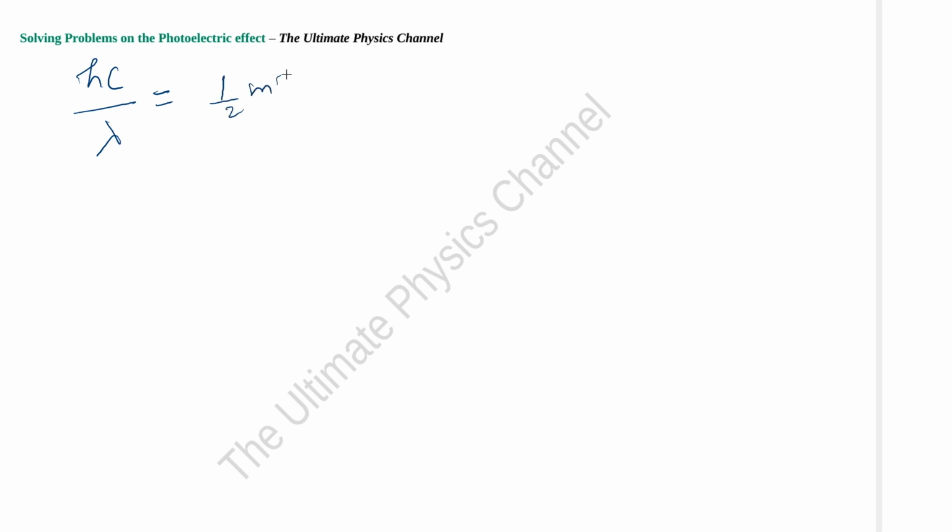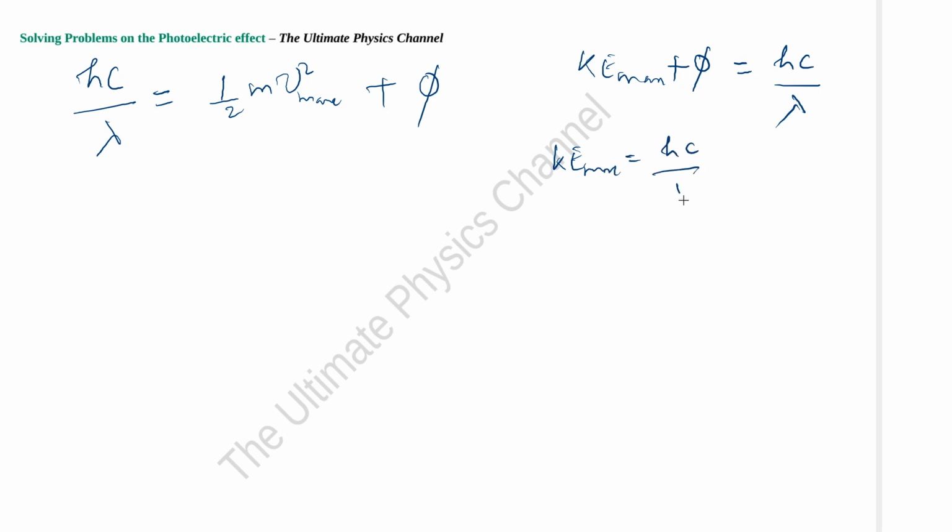So it is half m v max squared plus the work function, right? So this is KE max plus phi is equal to hc over lambda on the right side, right? Because the original equation KE max is equal to hc over lambda minus hc over lambda max. So this is phi. So using this manipulation, we can write this like this.